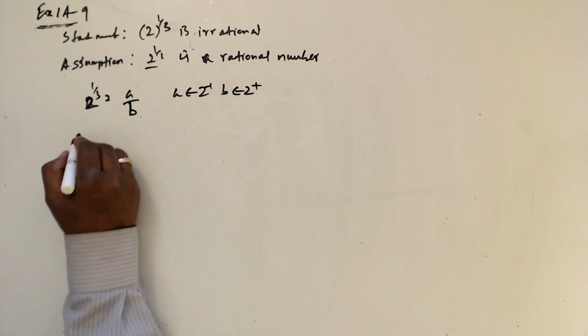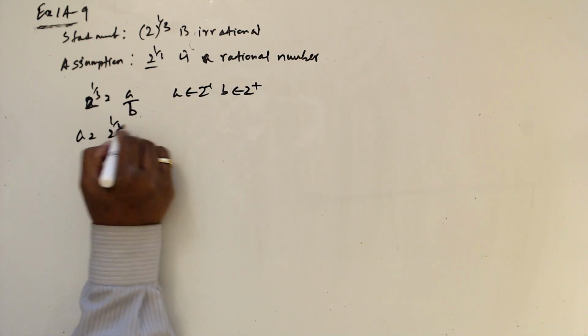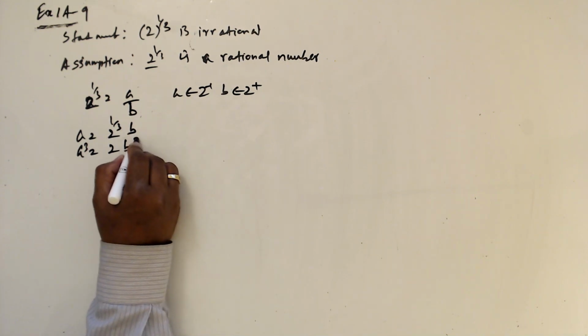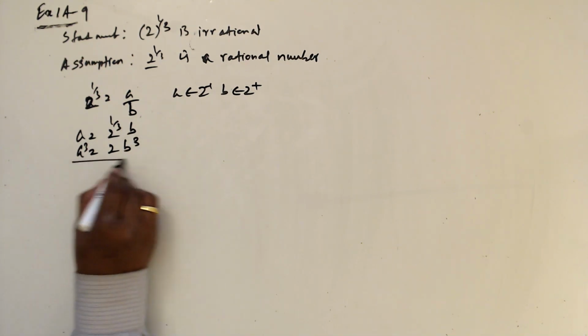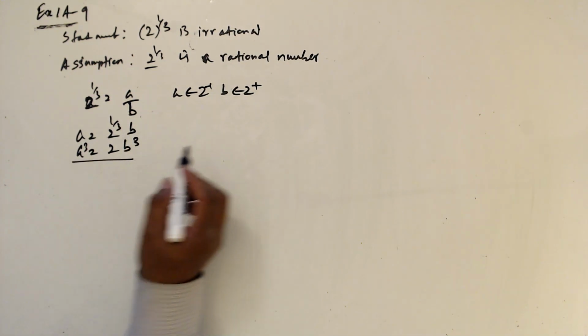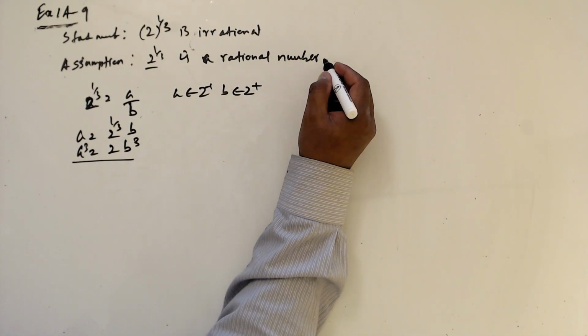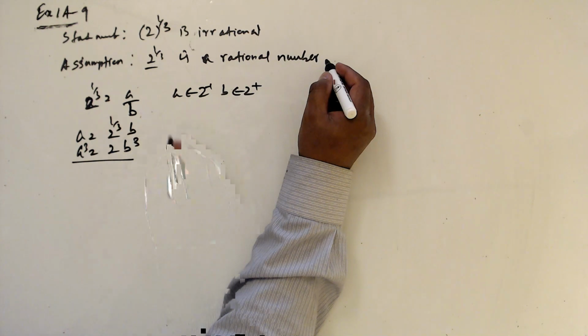First of all, A equal to 2 to the 1/3 times B, then A cube equal to 2B cube. We have one more assumption we missed to write here.